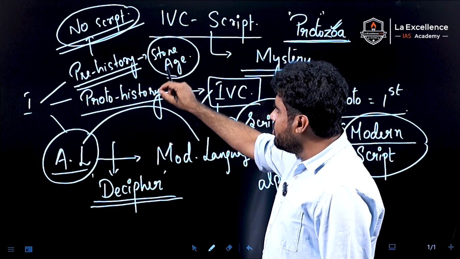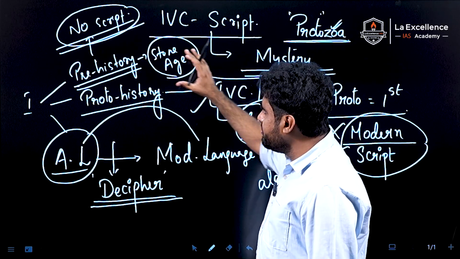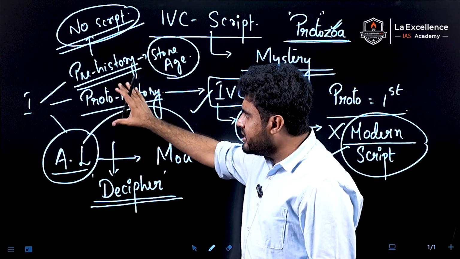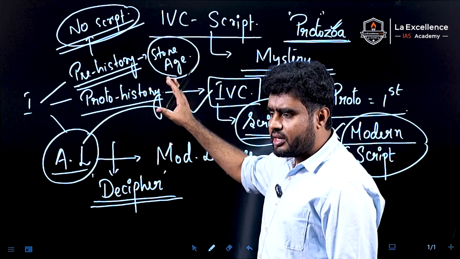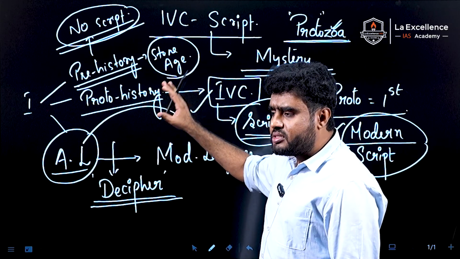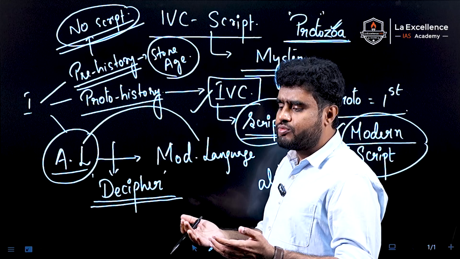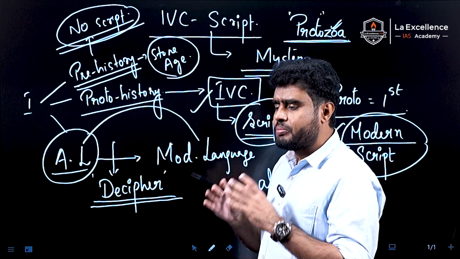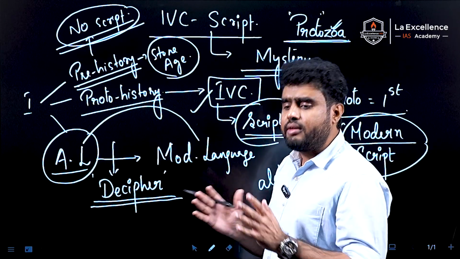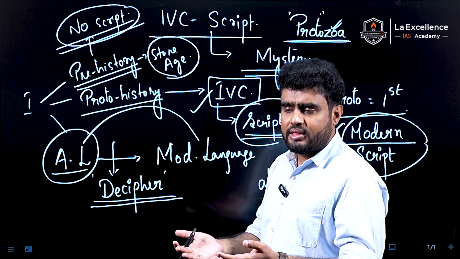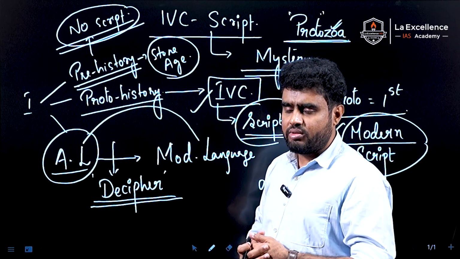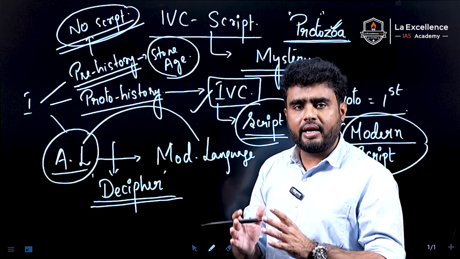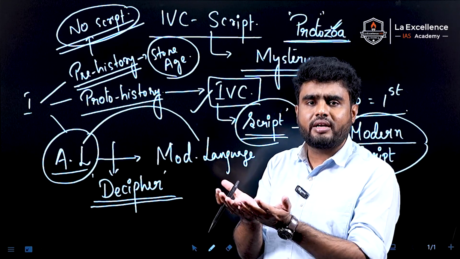So we have included the Indus Valley Civilization chapter in proto-history. Proto-history means written records are available. But these written records are not very useful for us in the present times, because we have not yet understood what is present in the script. So even now, to study Indus Valley Civilization, we still go behind the archaeological object evidences only.